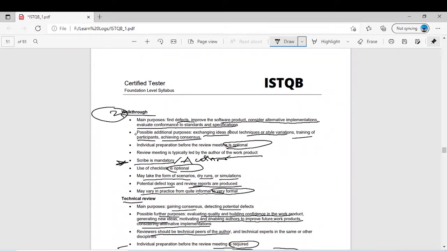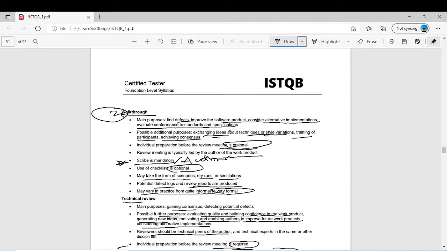It is called walkthrough. The main purpose of a walkthrough is to find defects, improve the software product, consider alternative implementations, evaluate conformance to standards and specifications. Possible additional purposes could be exchanging ideas about techniques or style variations, training of participants, achieving consensus. Individual preparation before the review meeting is optional.